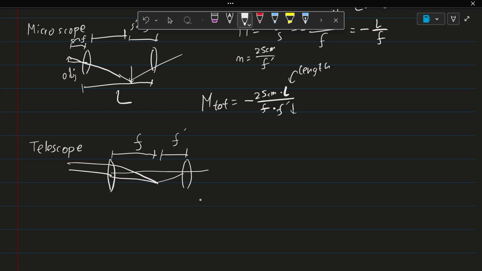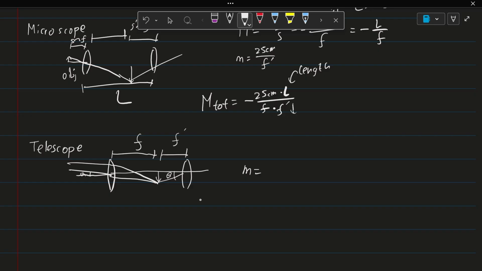So if you see the object literally from your point of view without any telescope, there is this angle which you call alpha. But after the magnification, it's going to be beta here. So let's determine what the magnification is. We'll just use angular magnification here because it's much easier.